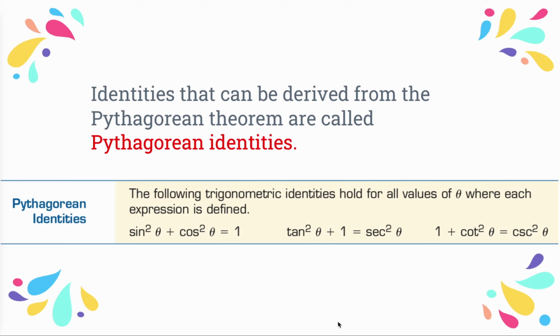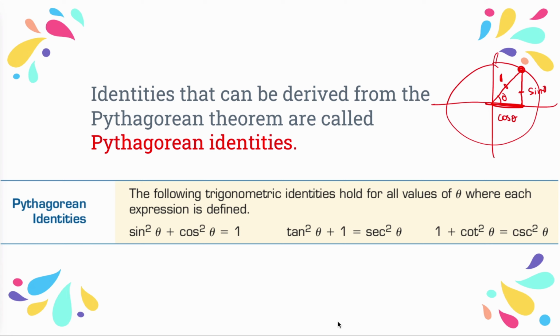The Pythagorean identities are probably the most important. These are derived from the Pythagorean theorem. Right, on your unit circle, the x distance of any point on the circle is the cosine of some angle theta, and the y distance is the sine, and the hypotenuse is 1.